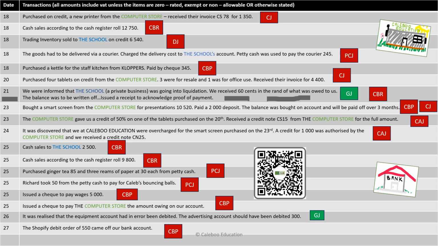On the 26th, there's a correction of error that needs to go through the general journal. So there are quite a few transactions in this lesson that we will look at.